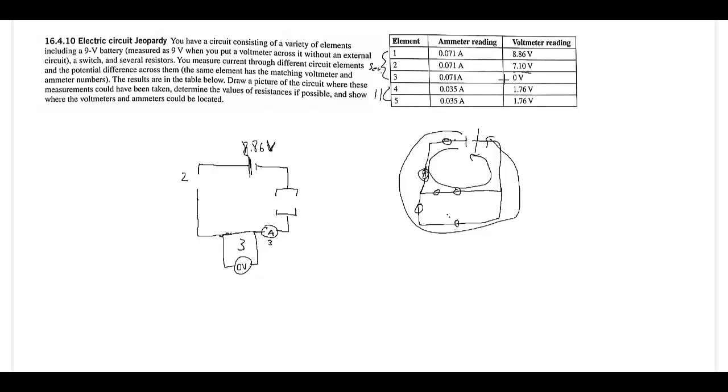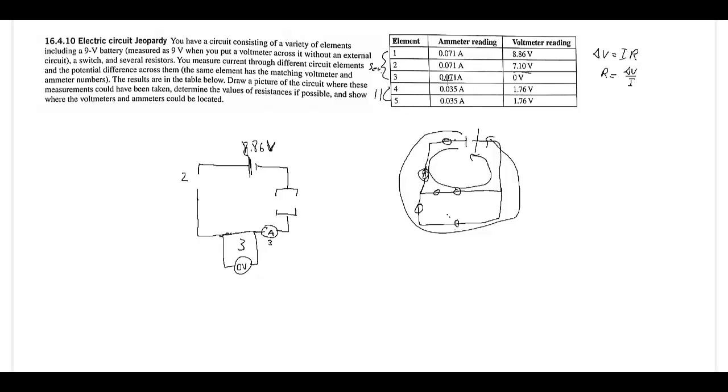If we have a potential difference of 7.1 here, delta V is equal to IR, or I is equal to delta V over R, so R is just going to be equal to delta V over I, which for this, if we take 7.1 and divide it by 0.071, that is going to give us roughly what?